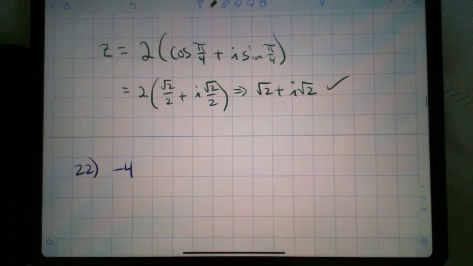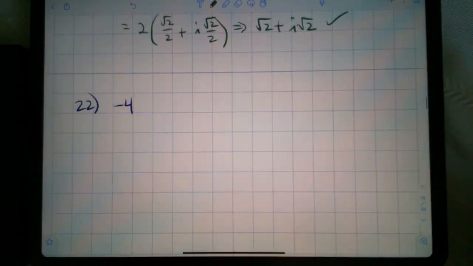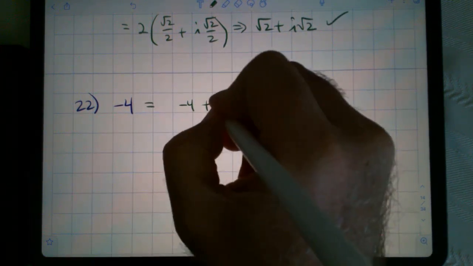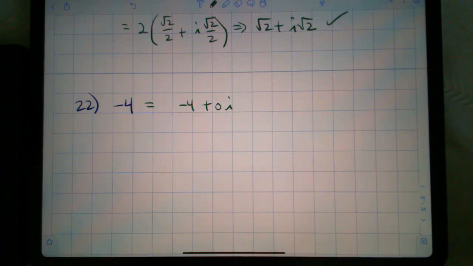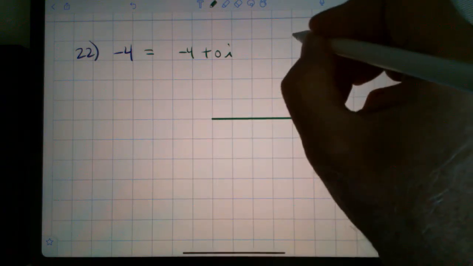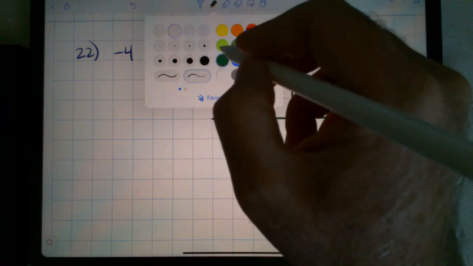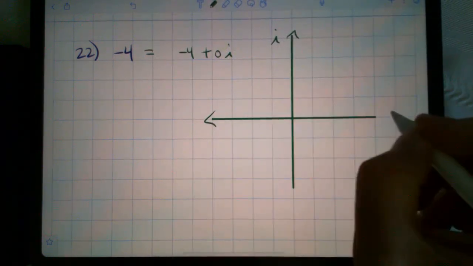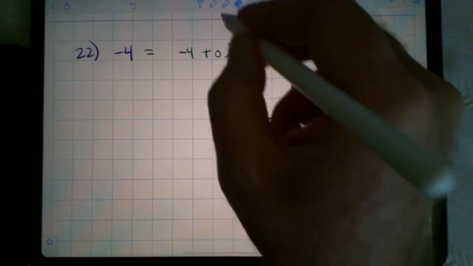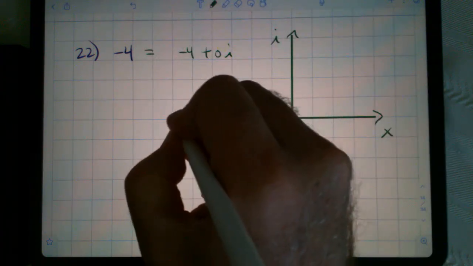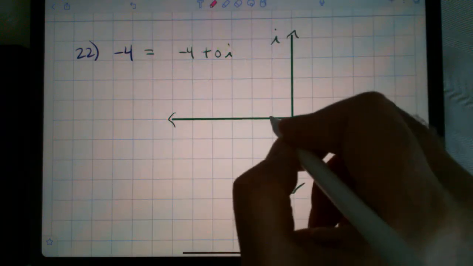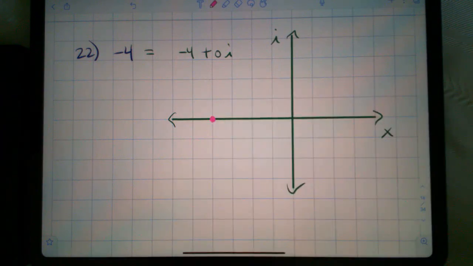Okay. Similarly here, this is all about triangles, and so let's make this into, well, this is the same thing as, and to graph that, there's the point.